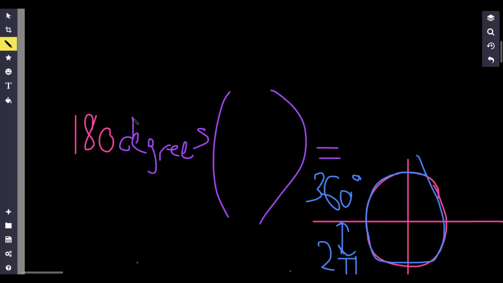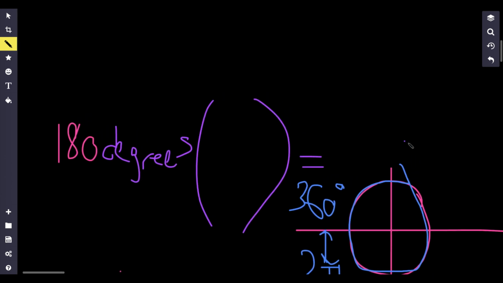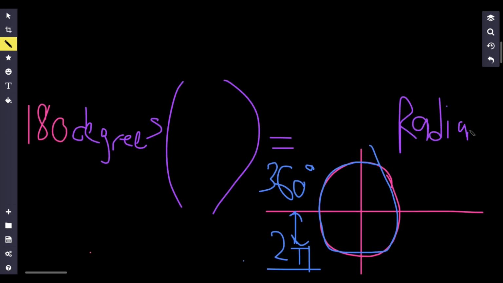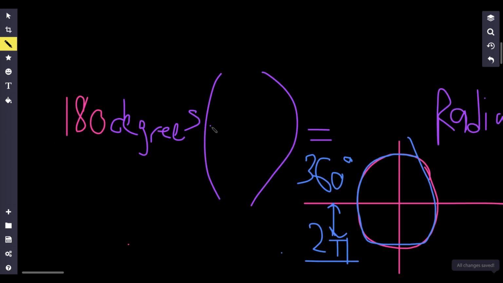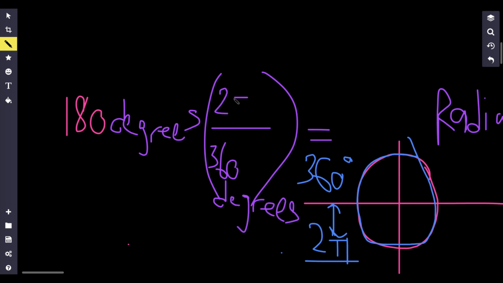Let's say you have 180 degrees. How can you convert this into radians? A simple way to do it is we know that for every 360 degrees there are 2 pi radians.